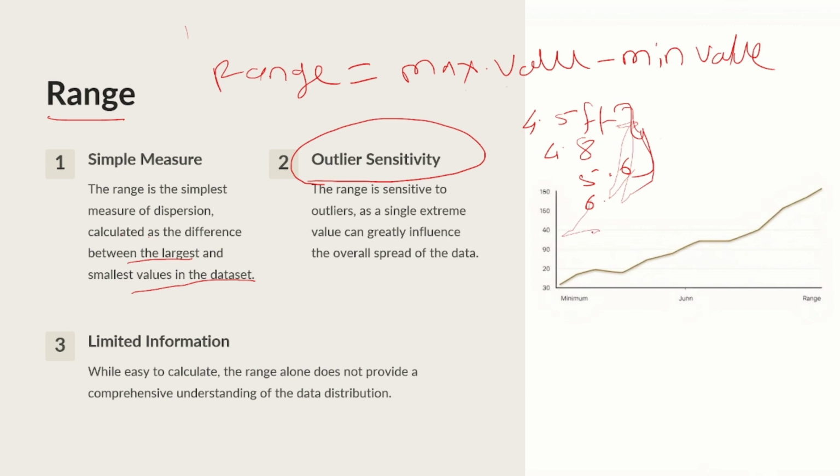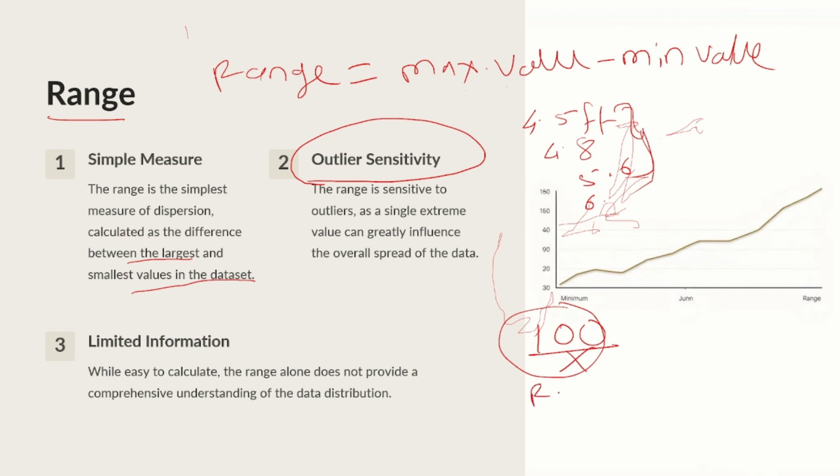But if we have some data points like 100. Is it possible that 100 is the height of a student? No, it is not possible. But these points can come in your data. Then how can you say what the range is?